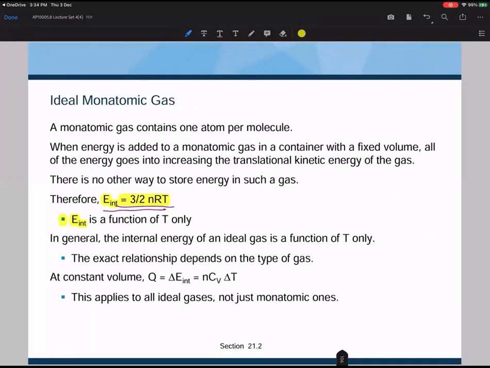And if you have a thermodynamic process, for example a constant volume process, where the internal energy change is equal to the heat transfer, this would be useful to determine the internal energy change based on a very simple equation that we have learned before, nCV delta T. CV refers to the molar specific heat at constant volume, and n refers to the number of moles of gas molecules.